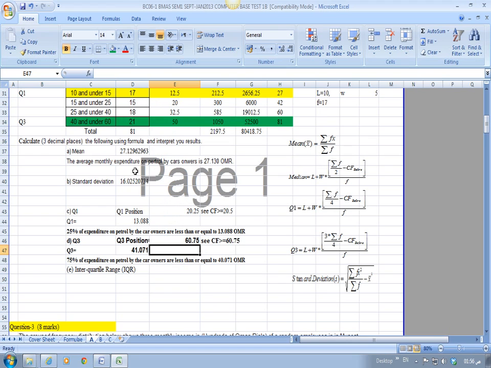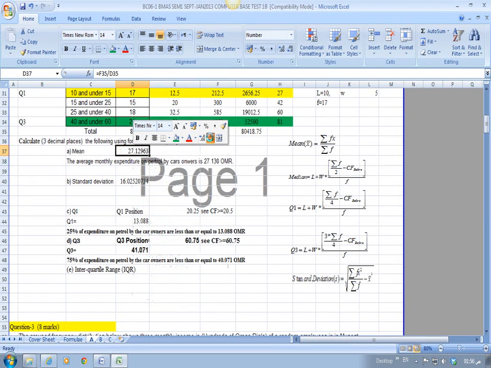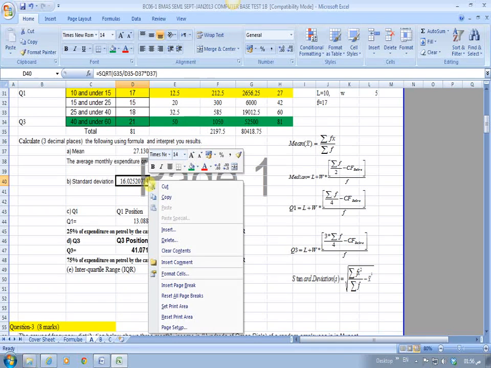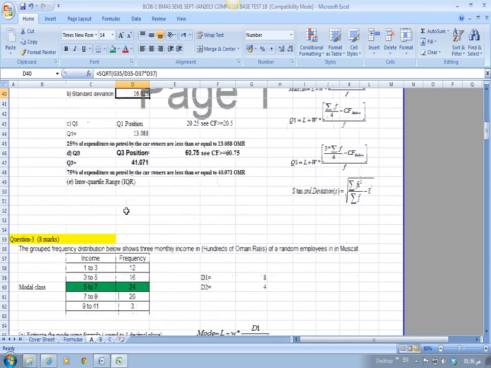Three decimal places. This one 3 decimal places, and this one 3 decimal places. So this is it, and we have answered it.